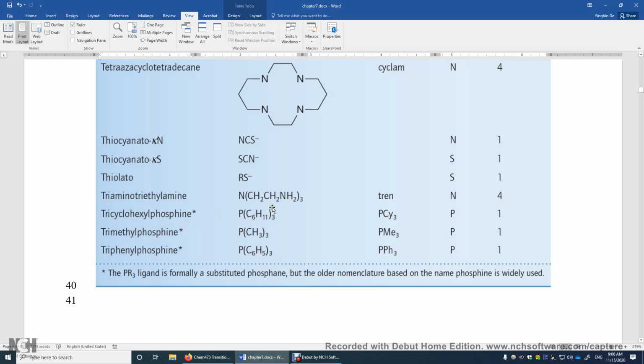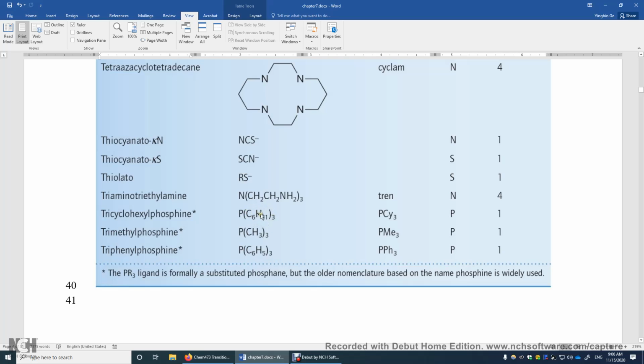Tricyclohexylphosphine. So really it's just 3 cyclohexyl groups bonded to this phosphorus atom. The abbreviation is PCy3. I want to remind you of the steric effect here. This phosphorus is bonded to 3 cyclohexyl functional groups.